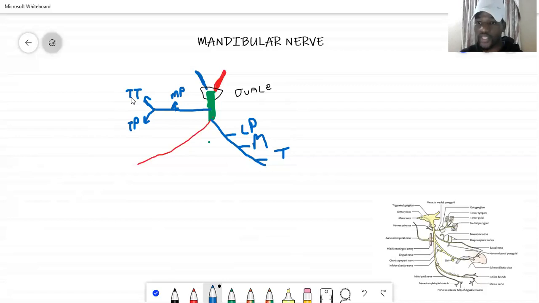It is much less. It does this by stabilizing the malleus bone. So what stabilizes the malleus bone is the tensor tympani, and then your tensor palatine.